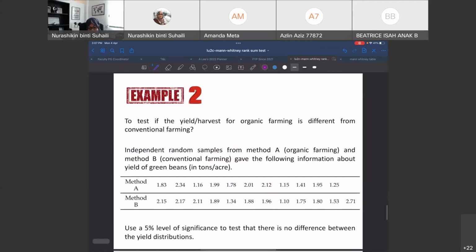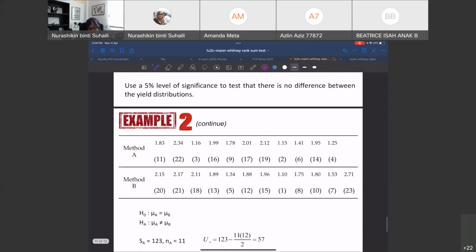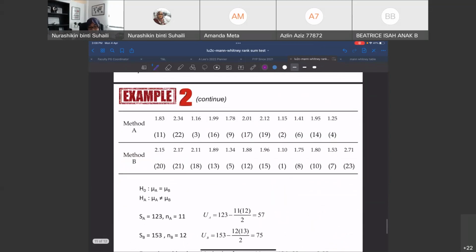Example 2, you can go through by yourself. It's the same thing where you apply the same steps. But now you can see that the data are a bit bigger, more than 4: 1, 2, 3, 4, 5, 6, 7, 8.